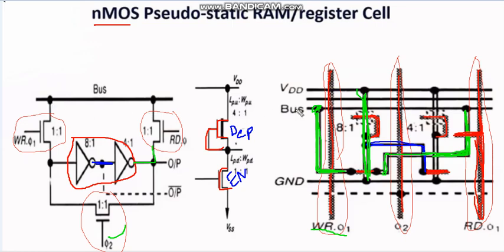First, connecting the bus, NMOS to the input of the inverter, output of the inverter. Here the output of the inverter is connected to the next input, and then the output of the second inverter has been connected to the read NMOS pass transistor. Okay, this much it is clear, right?